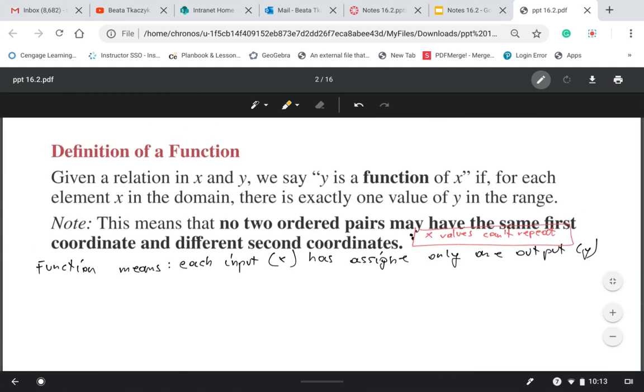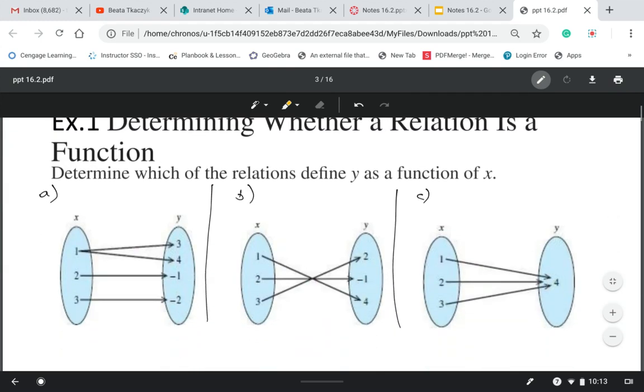Let's go back to the definition: it means each input has assigned only one output. So let's check the first one and decide if the first relation is a function.